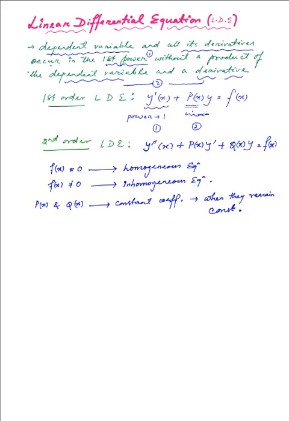But if they change their value with respect to x, they will be called variable coefficients. x is the independent term, and it changes independently, and as a result the derivative term as well as the coefficients that have been multiplied may change. So it depends. We'll see examples of that pretty soon.